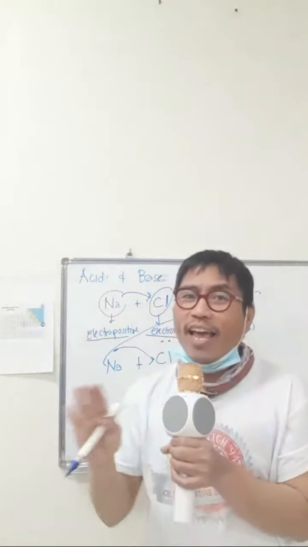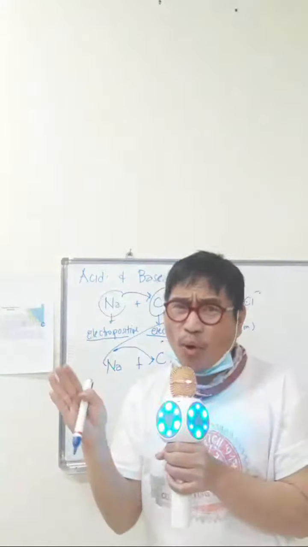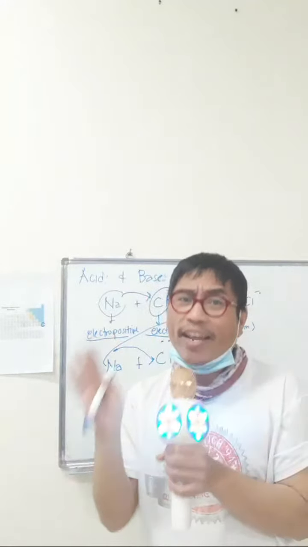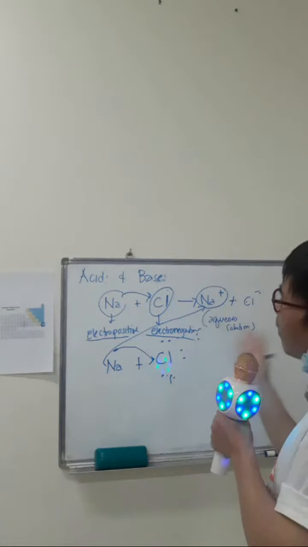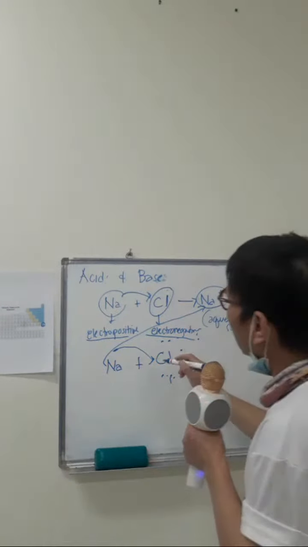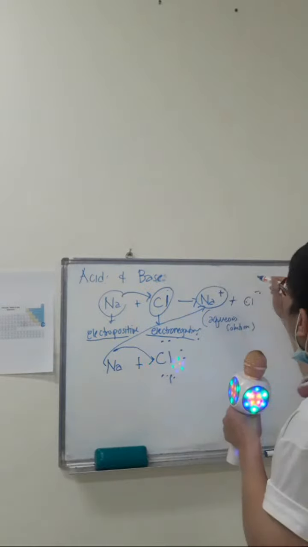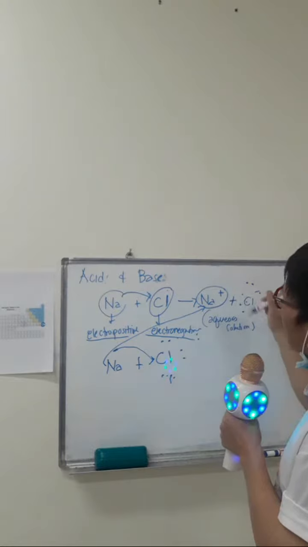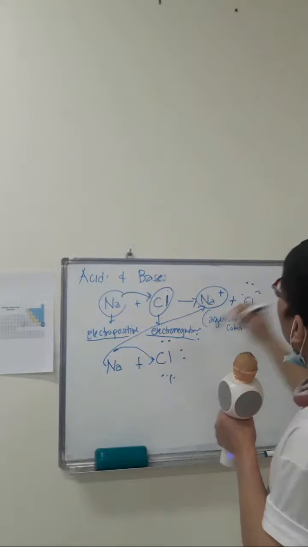That is the electronegativity process, the more the element will become electronegative. It doesn't give back, it doesn't share. So it will now become 1, 2, 3, 4, 5, 6, 7, 8.